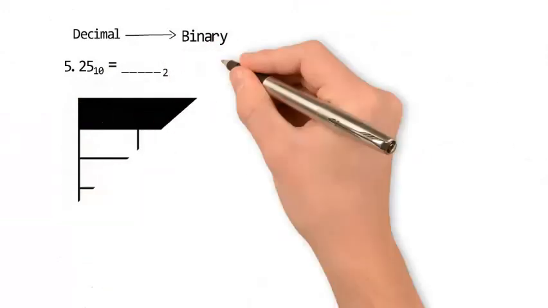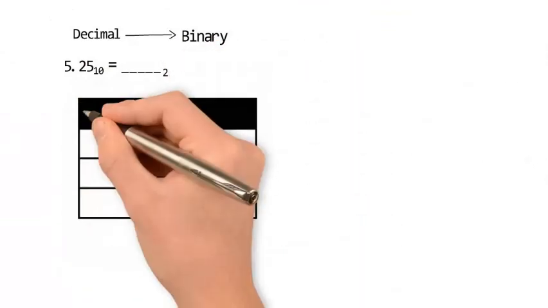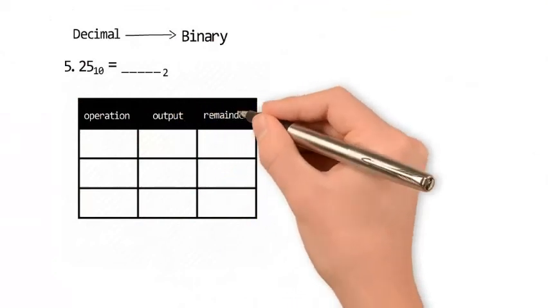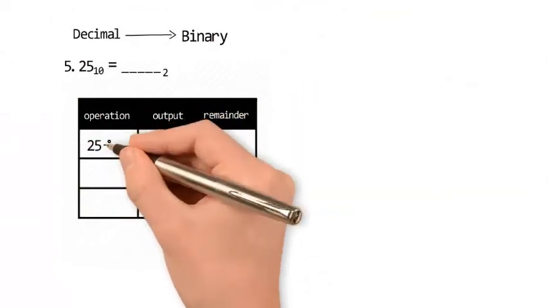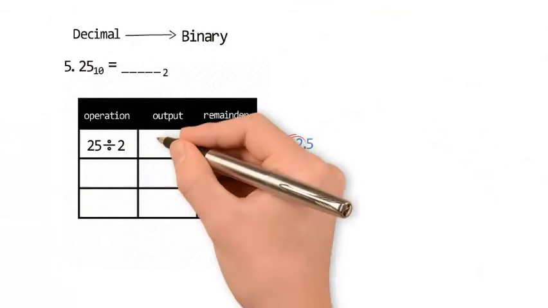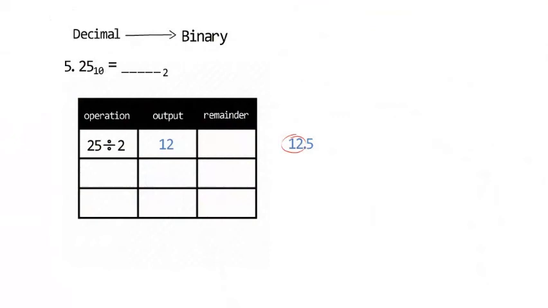So again, let's make a table. So here is our operations, our output, and the remainder. So to begin, let's divide 25 by 2. So we have 12.5, so our output is 12, and to get the remainder, we will multiply 0.5 by 2.